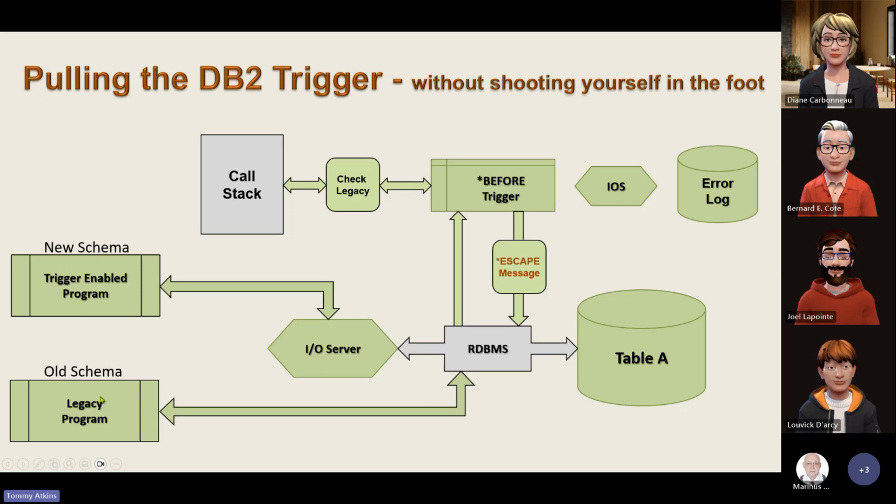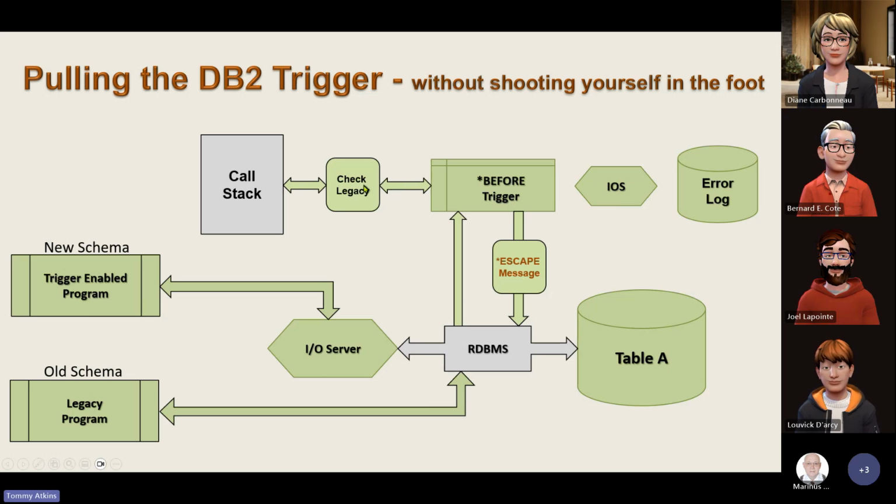This is a pair of schemas, and as you deal with a program, you move it across into the new schema. What this allows me to do in the call stack is find out which library, which schema the call came from, and that will tell me whether or not it is a legacy program.